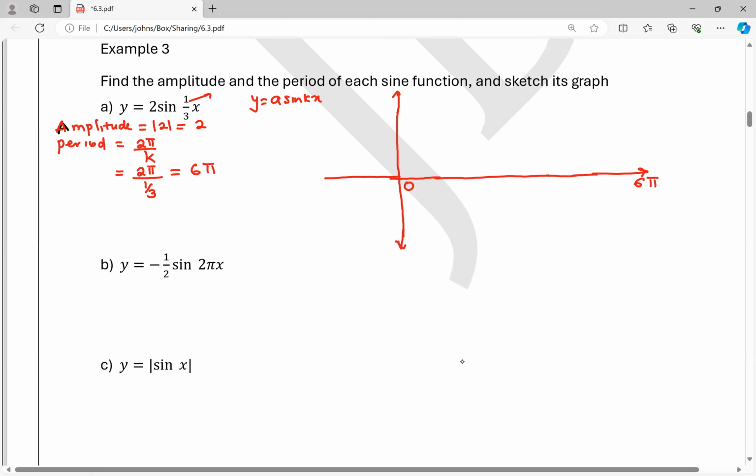We have 2 ways. The first way is that you add 0 and 6 pi. 0 plus 6 pi is 6 pi. So divide 6 pi by 2 to give you 3 pi, which will be the midpoint, the center. Then find the center between 3 pi and 6 pi. How do you get that? 3 pi plus 6 pi is 9 pi, 9 pi divided by 2.